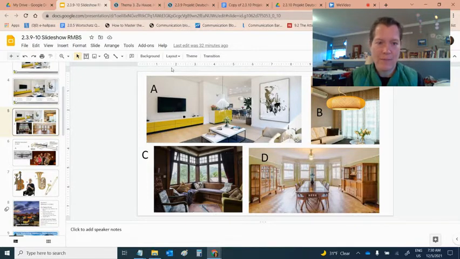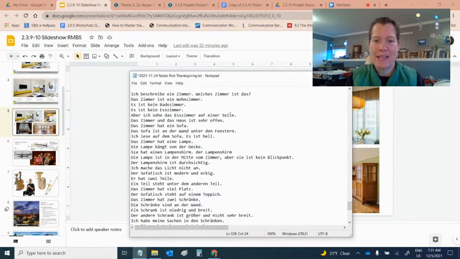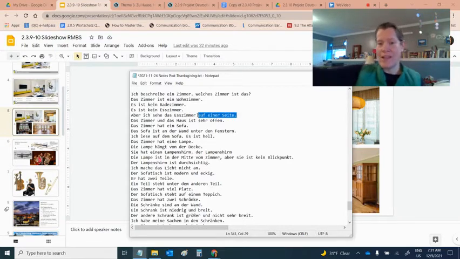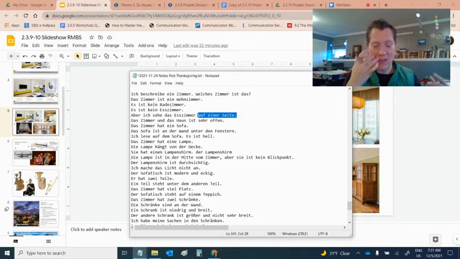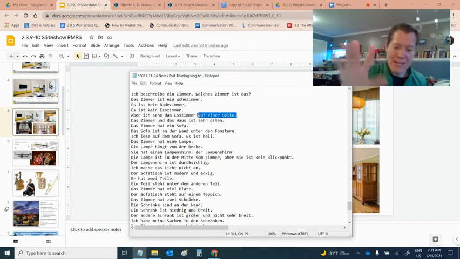It's using a verb. Ich sehe. Ich sehe das Esszimmer auf einer Seite. Ooh, I see the dining room on one side. There it is over there. Anytime you're using directions or instructions or locating things, you're using the dative. So cross that off the list. Remember we said 5 dative things.